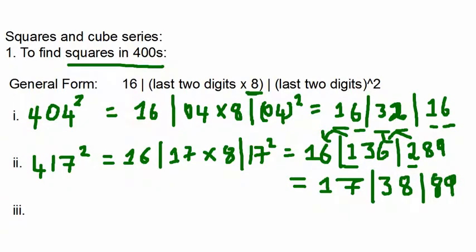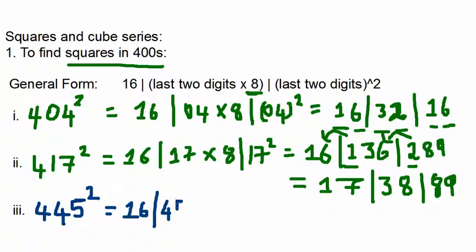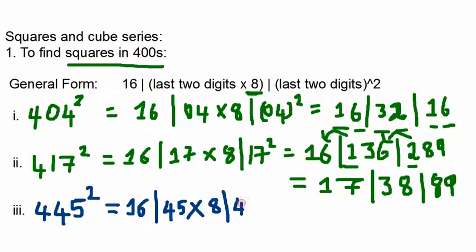Let us take another example, 445. Ending in 5, it is always easy. So let us take 16, split into 3 parts. In step 1, we take the 445 square. So we take 16, take a pause, take the last two digits and multiply with 8. And in the final step, we square the last two digits, that is 45 square.